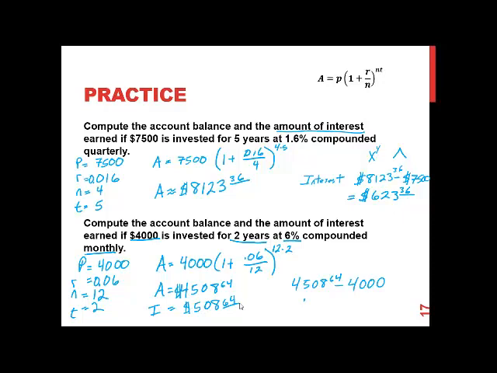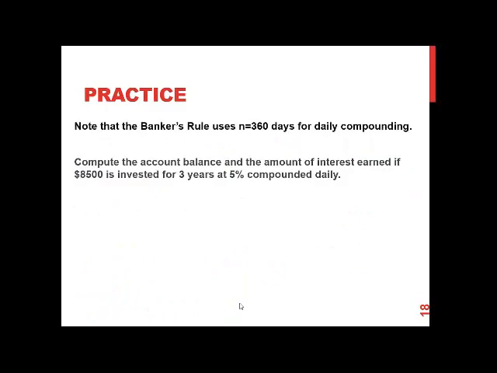Now, there are bankers' rules and United States rules, things like that, that we're not going to get into, but one thing to note for you is that according to the bankers' rule, there are 360 days in a year, or at least that's what we use for daily compounding.